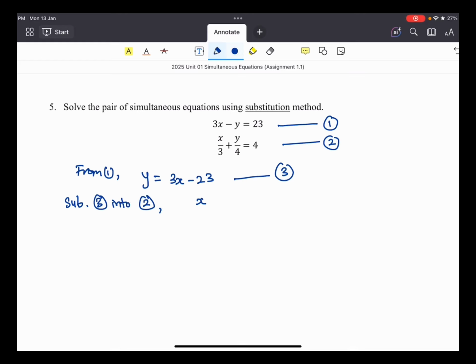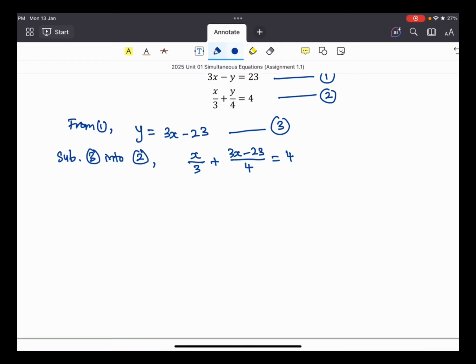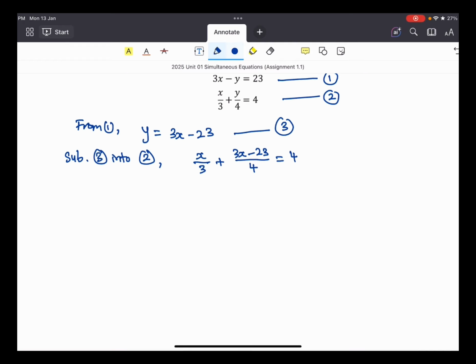So 3x over 3 plus (3x minus 23) over 4 equals 4. And then what I'm going to do is I'm going to multiply everything by 12, the LCM of 3 and 4. So we will have 4x plus 3(3x minus 23) equals 12 times 4 is 48.